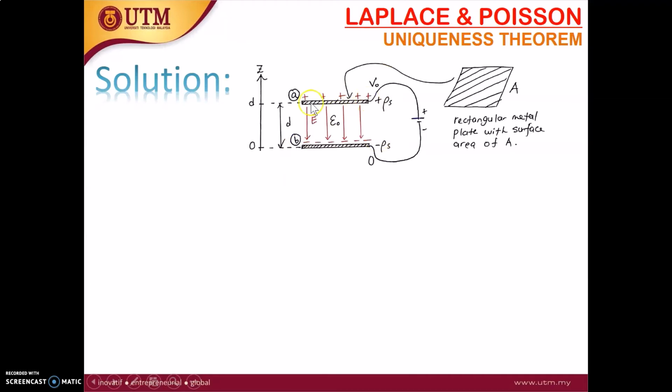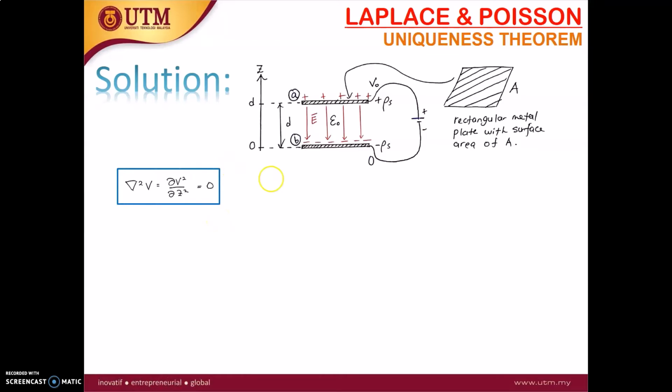I label this one to be the positive charge, and this is the negative charge. So the E field should be going down. This is just a label to make it easier for analysis. Let's say this is B, this is A.